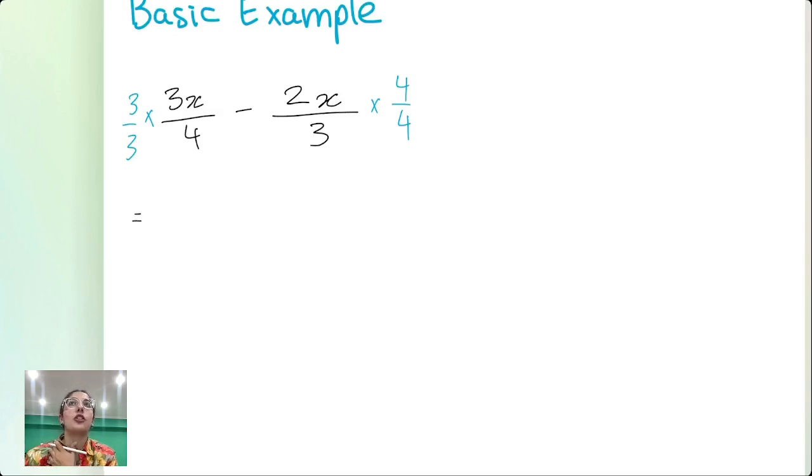So my left fraction on the numerator becomes 9x, and the denominator becomes 12. And then the right one becomes 8x, and the bottom becomes 12. So then I just have 9x minus 8x, and that gives me x on 12. And that's my fully simplified form, okay?